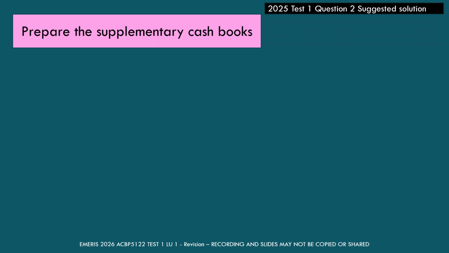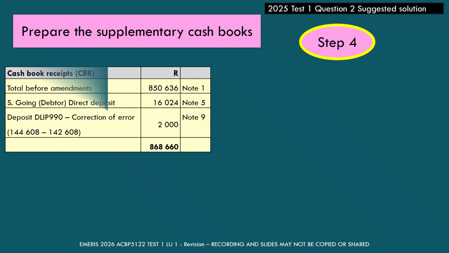Okay, so let's now prepare those 2 supplementary cash books for this 2025 question. And if you have completed it, you can now mark your answer against this particular slide. So I'm talking about step 4. Here is my cash book receipts. Remember to always begin your answer with your total before all of these extra adjusting items.